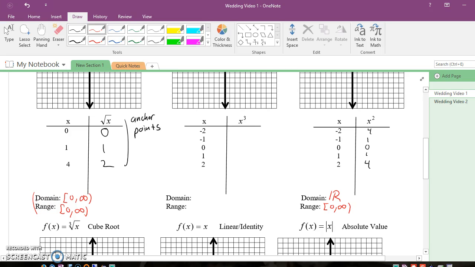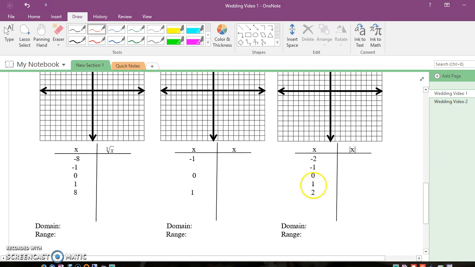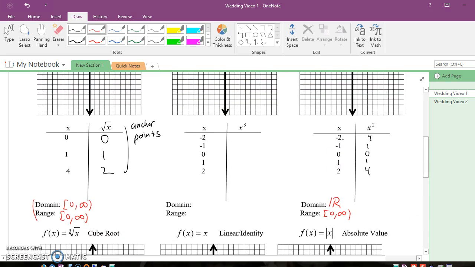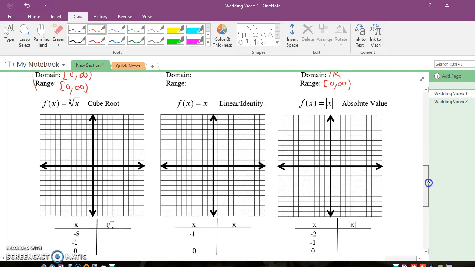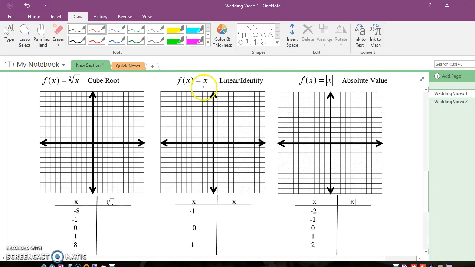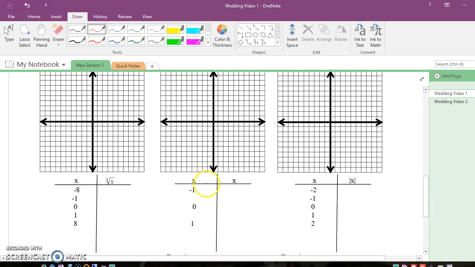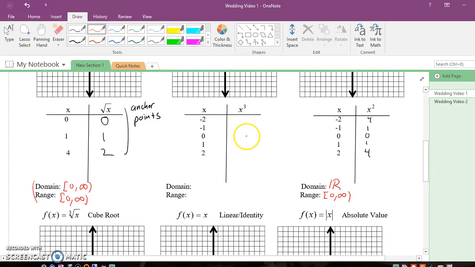And as far as the anchor points go, most of the x's for the anchor points are -2 to 2. F of x equals x is -1 to 1. If you did -2 to 2, that would work out just fine. And then the y's are what you get when you plug into the function.